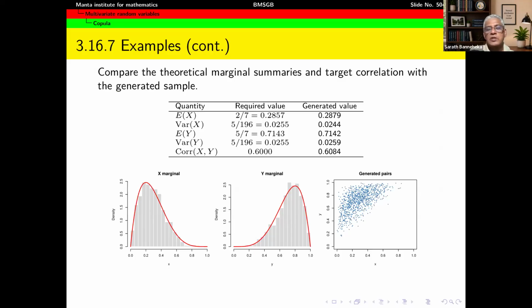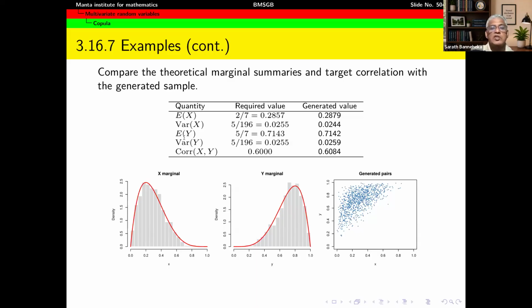The expected mean of a beta is alpha divided by alpha plus beta. Alpha is 2, beta is 5. Therefore, I expect the mean of the generated X values to be 2/7. This is the value that I have got out of those values. So you can see that these are pretty close. Similarly, this is the expected variance of X from the beta distribution formula, and this is the variance that I got from the generated X values.